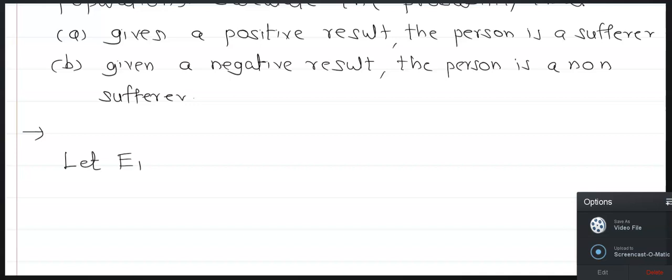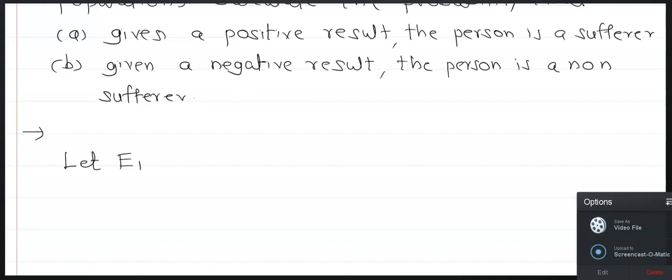It is estimated that 0.5% of the population are sufferers. Suppose that the test is administered to a person about whom we have no relevant information relating to the disease. Calculate the probability that, given a positive result, the person is a sufferer. Given a negative result, the person is a non-sufferer.